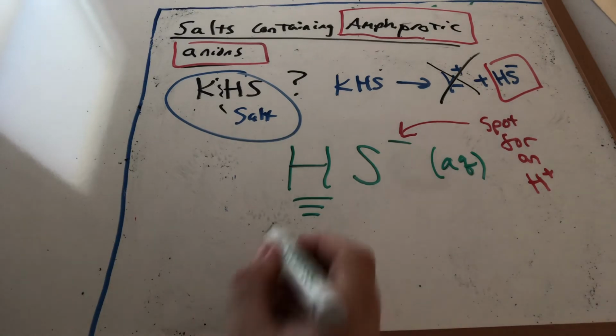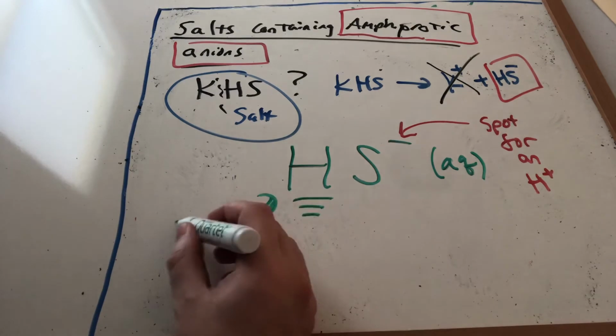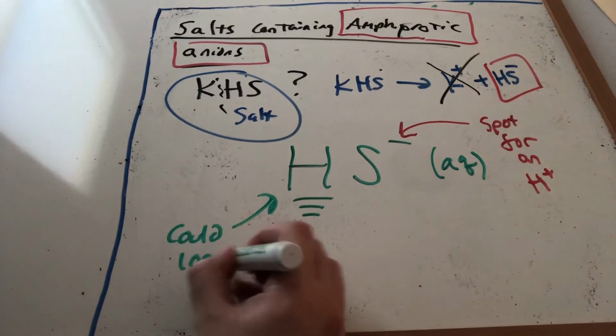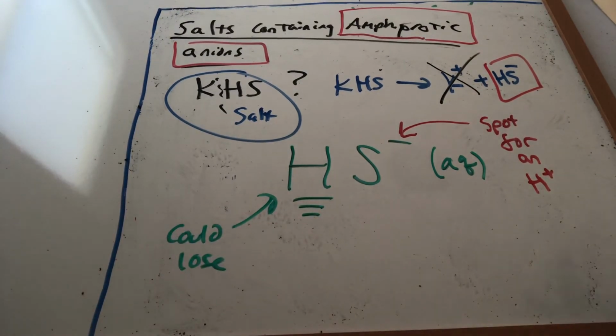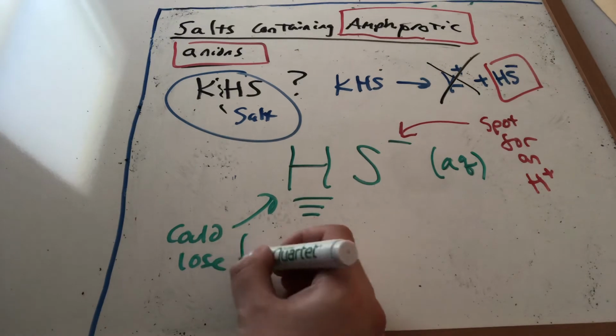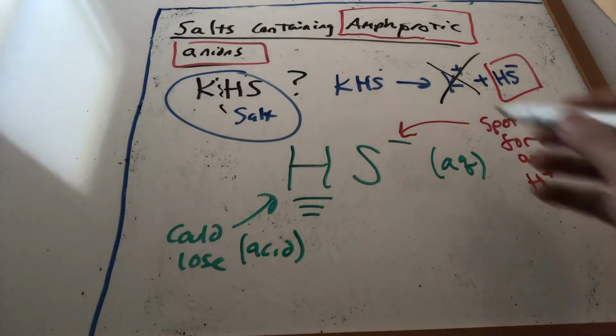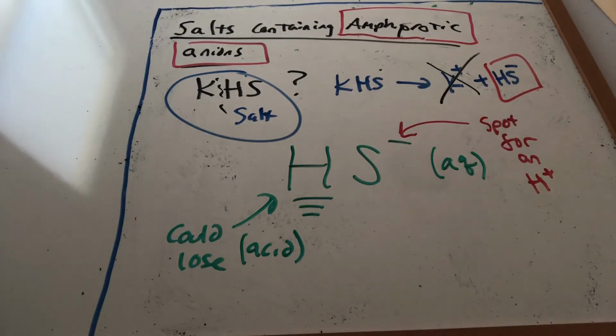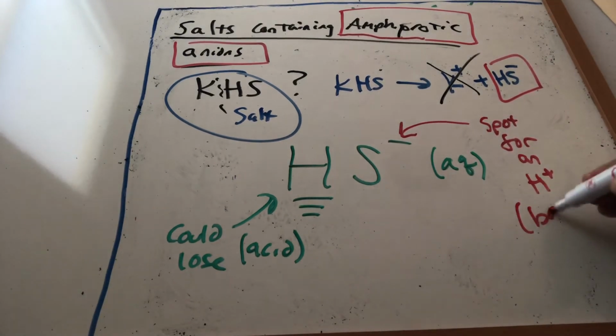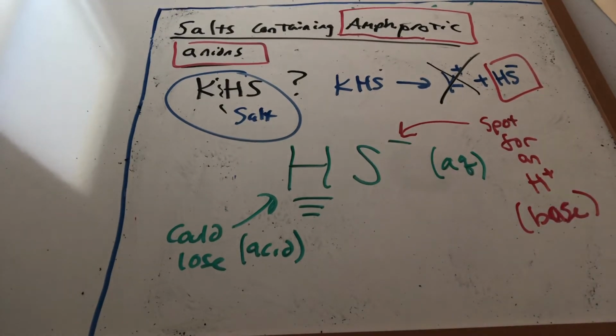So it has an H plus that it could lose, or it has a spot for an H plus where it could gain an H plus. It has a spot to be an acid if it loses that H, or it has a spot to be a base if it gains an H. So just like water, sometimes this will act like an acid, and sometimes this will act like a base.